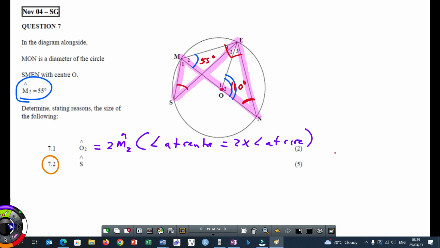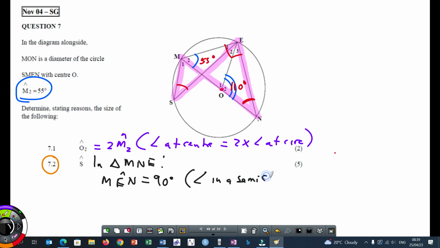So, here I'll start by saying, in triangle MNE, angle MEN is equal to 90 degrees. And my reason here will be angle in a semicircle. Then I'll say M2 plus MEN plus angle N will give me 180.